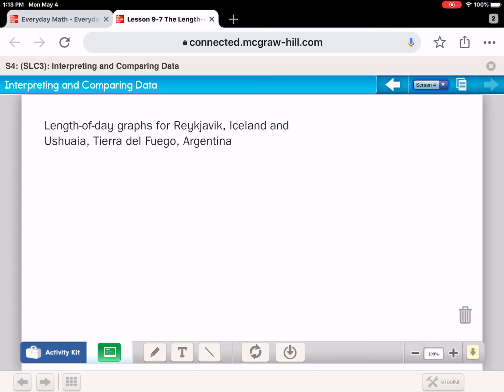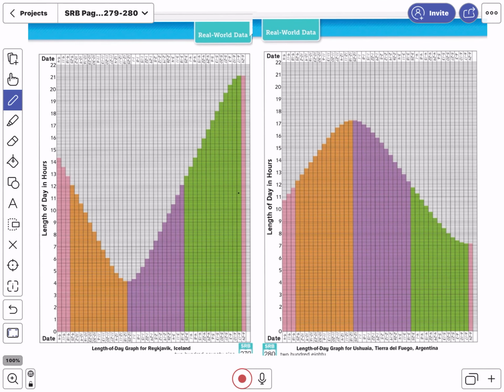If you imagine Iceland and Argentina on the globe, you might know that they're on opposite ends of the globe. Iceland is toward the North Pole, and Argentina is closer to the South Pole. So let's take a look at the two length of day graphs.